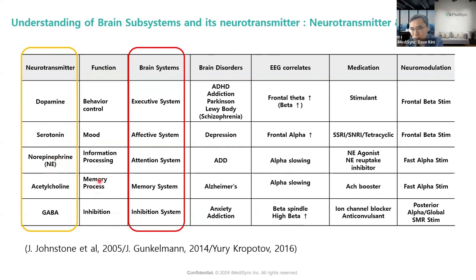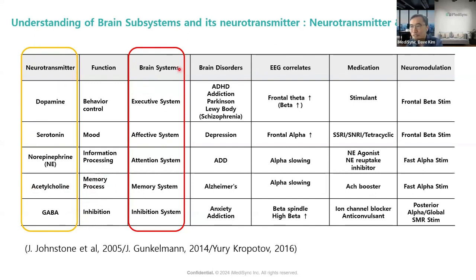And for the memory process we usually use acetylcholine. So if a person has a very slow alpha frequency, we need to give norepinephrine, and for people having a memory system problem, we can boost the acetylcholine for efficient memory processing.